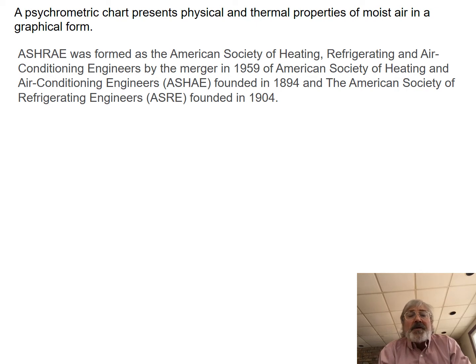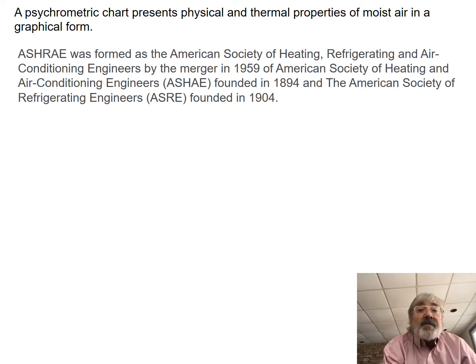So a psychrometric chart is nothing more than a graphical representation of all these thermodynamic properties. And who uses these? Heating and cooling engineers, refrigeration engineers, anybody that is in design of processes involving the addition of energy or moisture to air, or the elimination of energy and moisture from air.